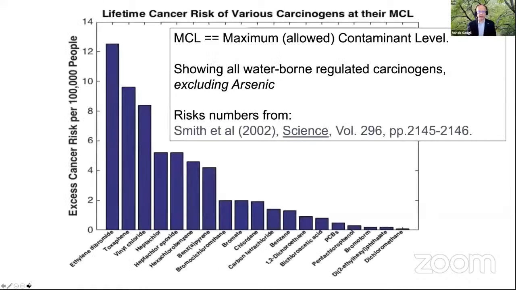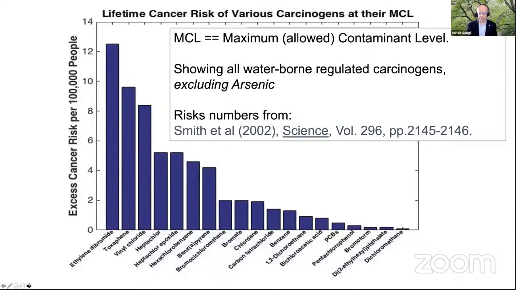The answer is shown in this graph, where the vertical axis represents excess internal cancers over a lifetime, and the horizontal axis shows different carcinogens which are allowed in water. The most serious one is ethylene dibromide, which at its MCL over a lifetime causes 12 excess internal cancers. But notice that we exclude arsenic in this graph.